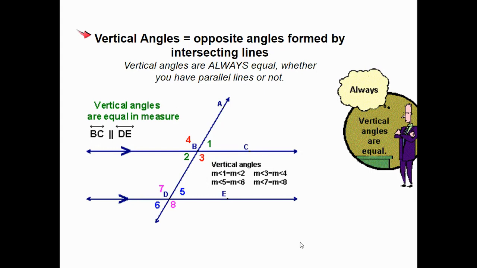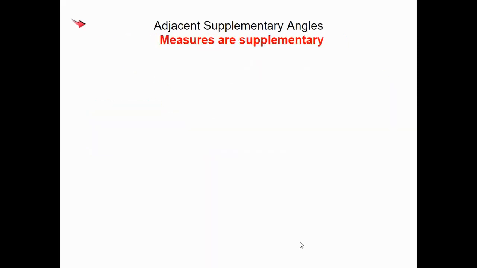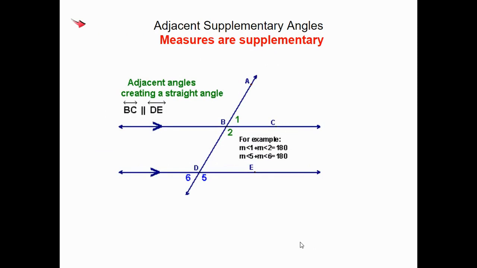If you know one, you know the other. Give yourself an example, stop the video if you need to, but just draw down an example of vertical angles. They are always congruent.